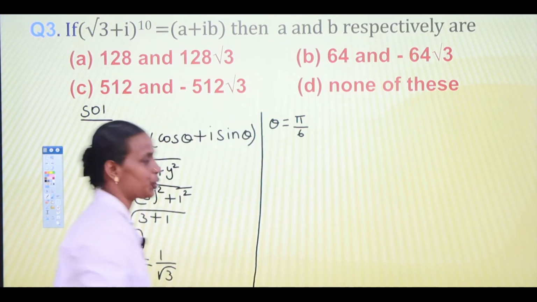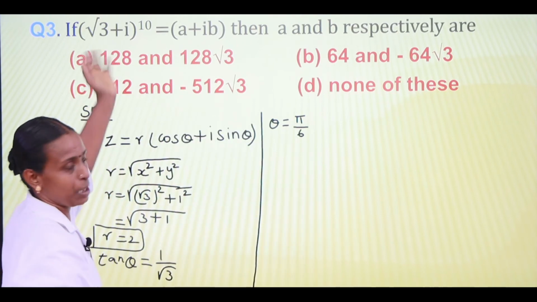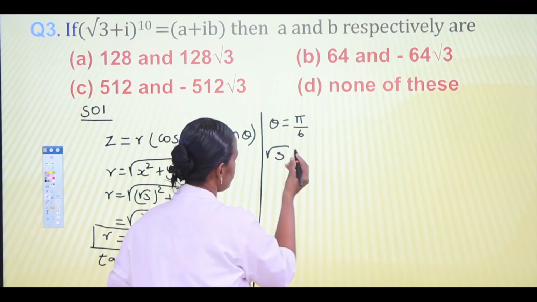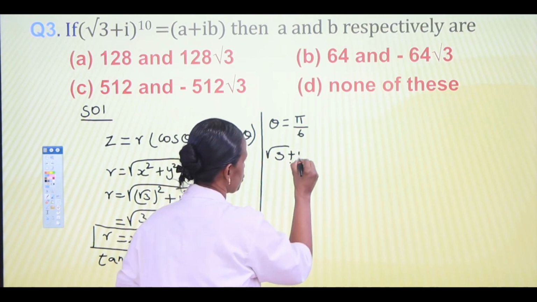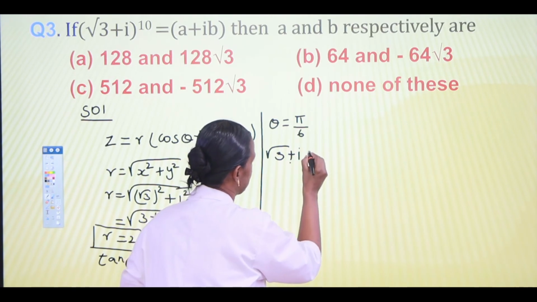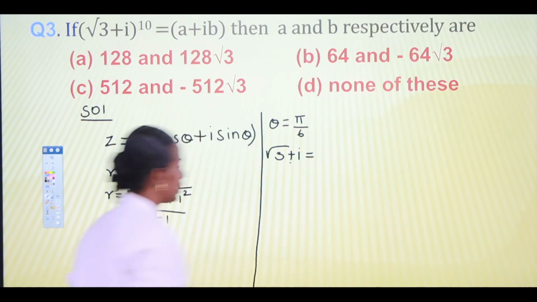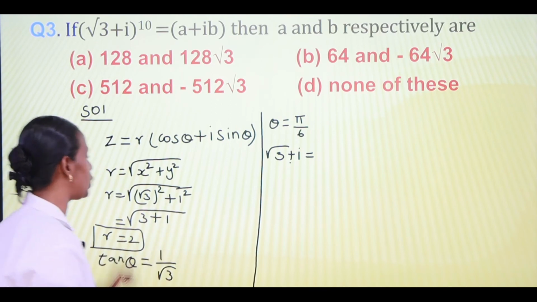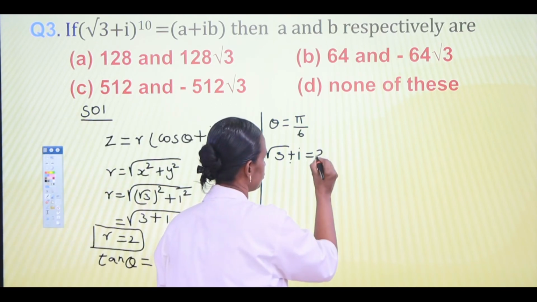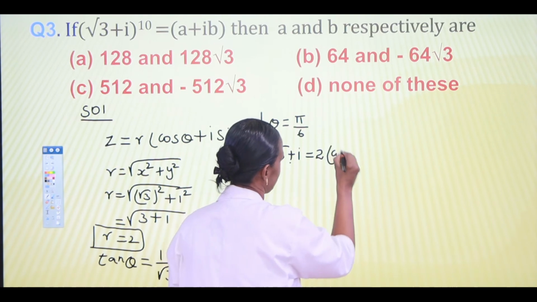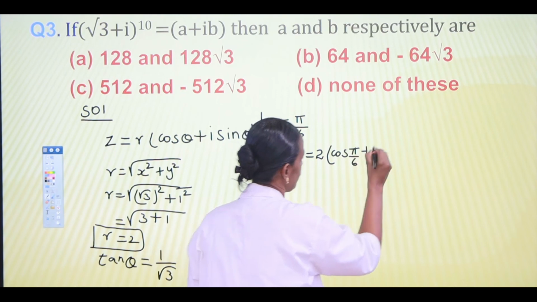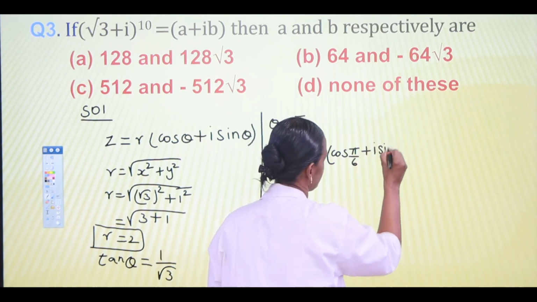Now we write the given complex number in polar form. Root 3 plus i, this is your complex number. This can be written as r into cos theta plus i sin theta. The r value here is 2, so 2 into cos pi by 6 plus i sin pi by 6.